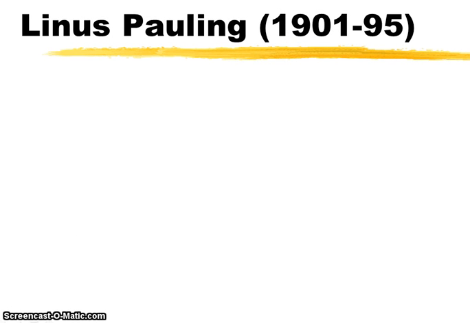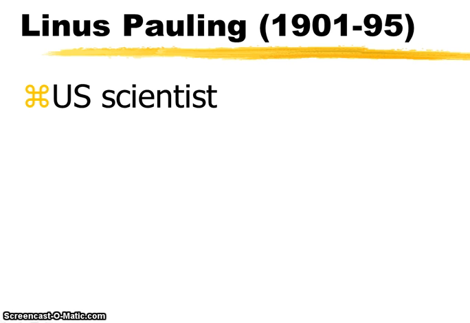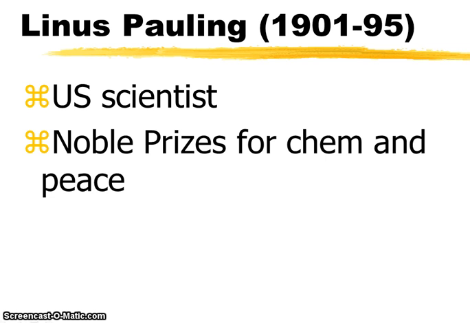So when we talk about electronegativity, there's actually values that are assigned to particular elements based on their attraction for electrons. And Linus Pauling discovered this idea of how to determine electronegativities. He was a U.S. scientist. He won Nobel Prizes for chemistry and peace.